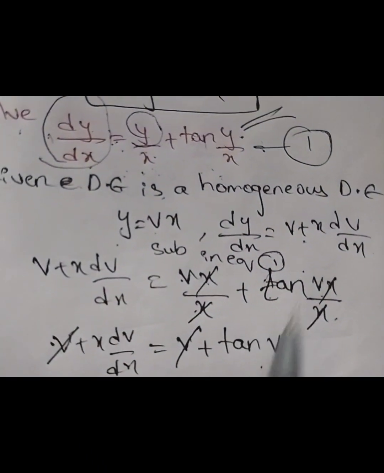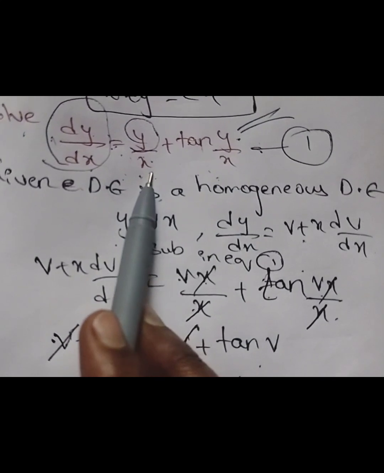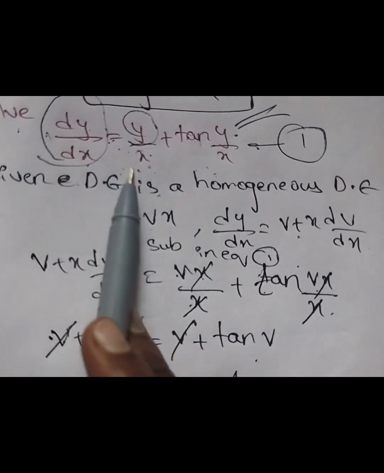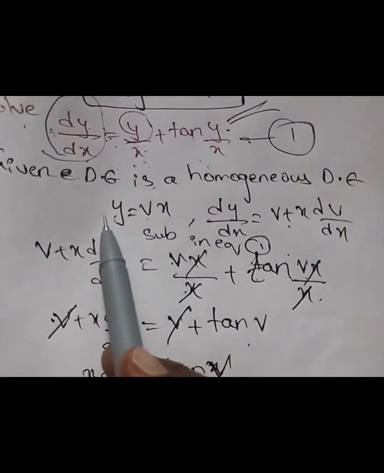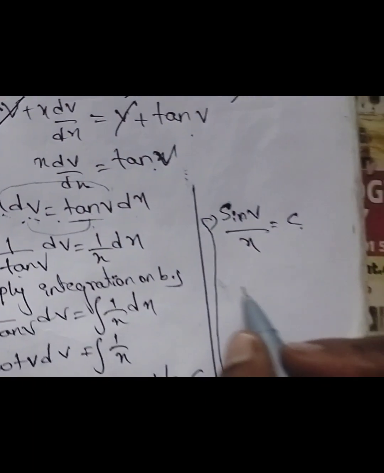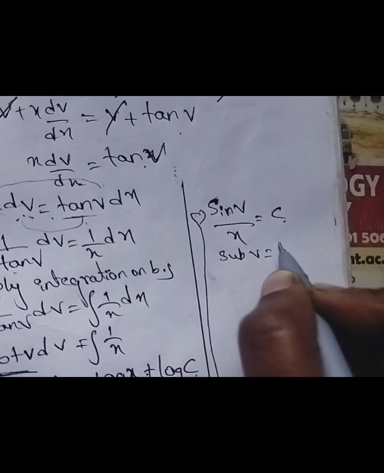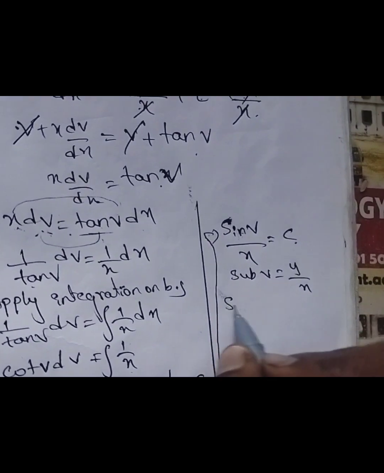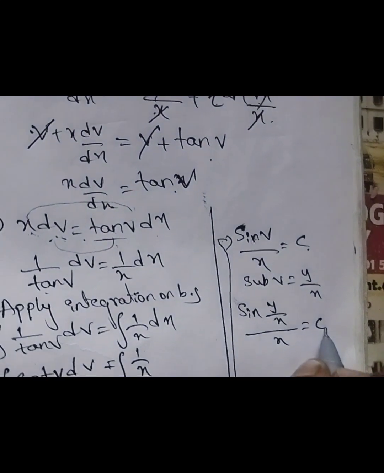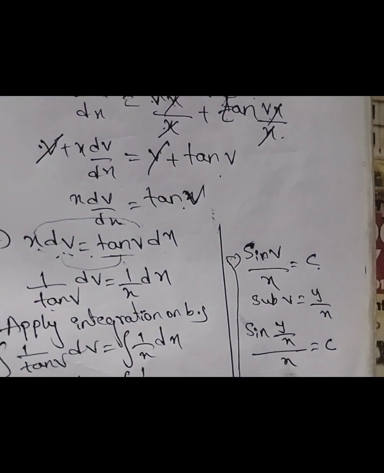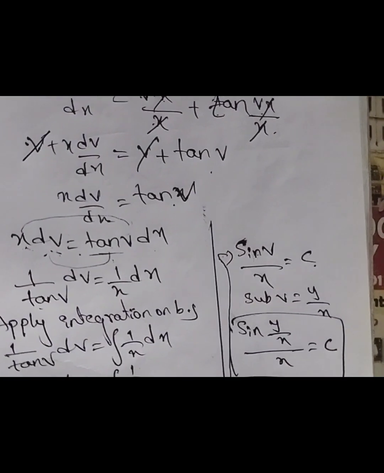Here also our solution must be in the form of x and y only. We should not get it in terms of v and x. So we need to replace v with what? Y by x. So substitute v equal to y by x. Now sin y by x equal to c. This is our final solution of this given differential equation.